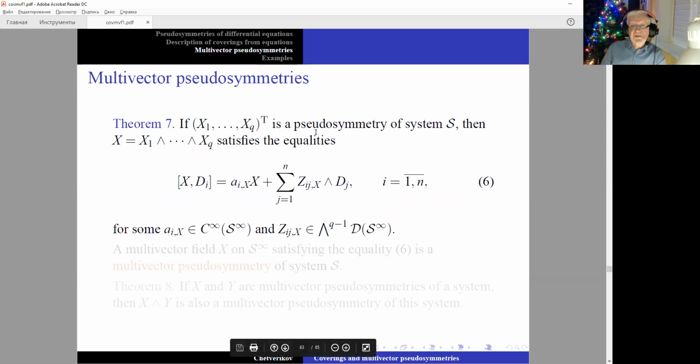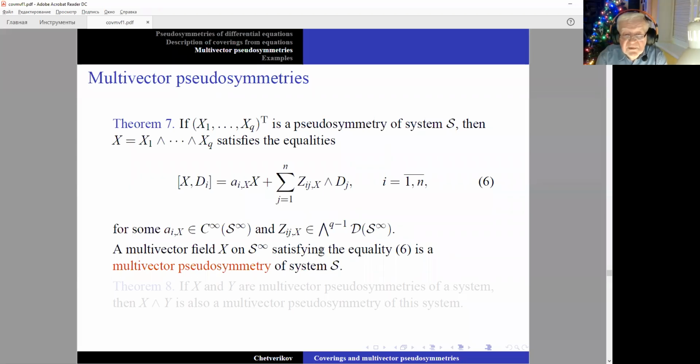If X is a pseudosymmetry of system S, then the wedge product of the corresponding vector field satisfies equation 6, for some function a, ix, and some multivector z.